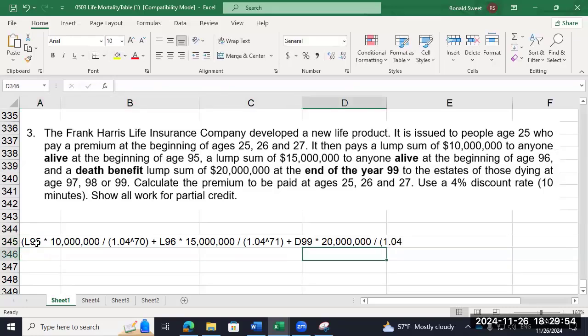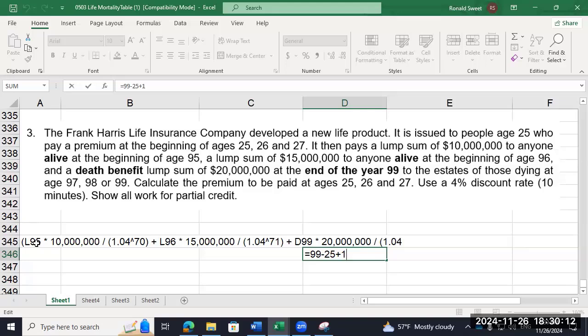Well, here the key is it's age 99. So you take 99 minus 25, but you have to add 1. So it's going to be 75. So if it's a D, take the year it's paid out, the age it's paid out, minus 25 plus 1.